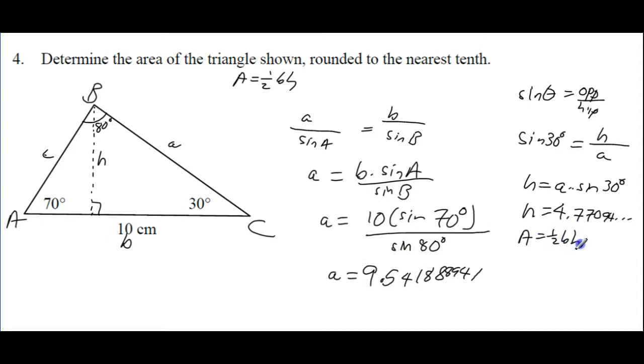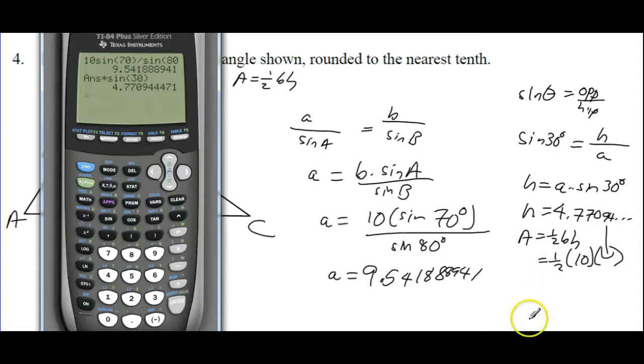Area is 1/2 base height, is 1/2 of 10 times this number, right? Again, no rounding until the end. So it's 1/2. I like to put fractions in brackets there. 1/2 times 10 times the number that's in there, second function answer.